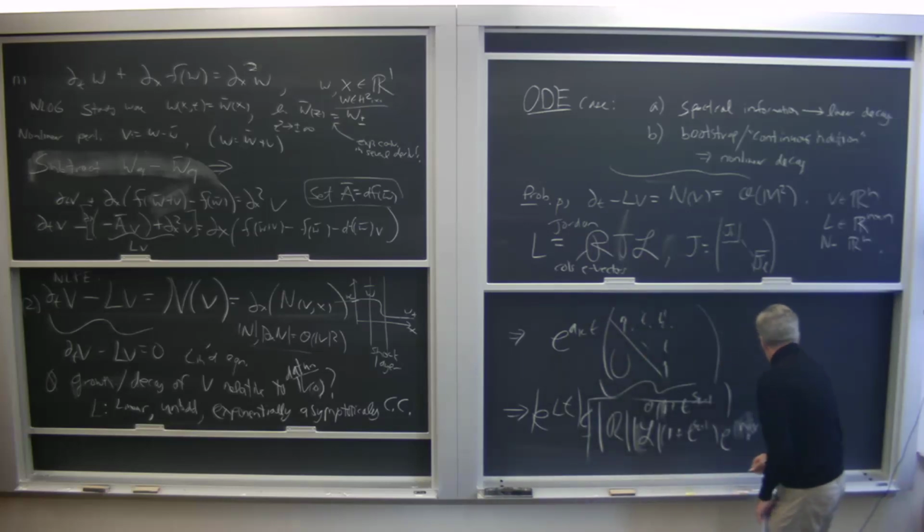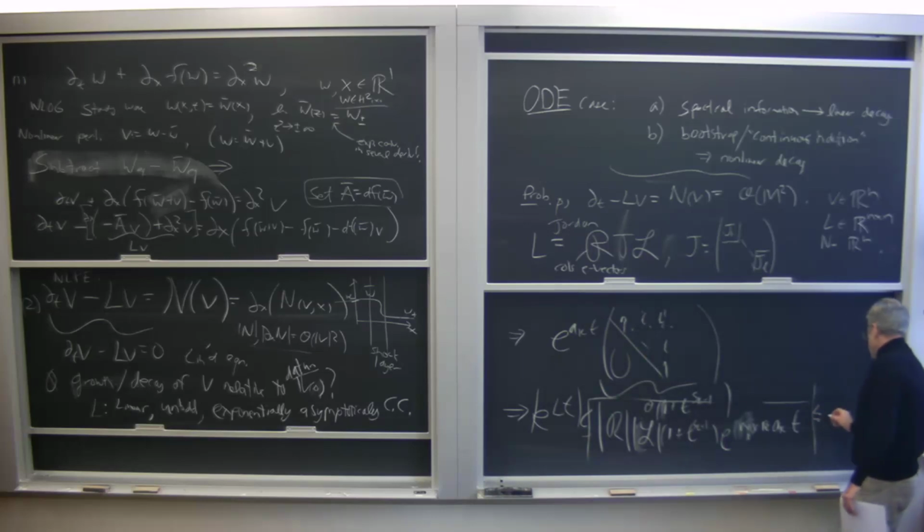So putting it all together, less than or equal to C e to the, let's call this maximum value theta, e to the theta plus epsilon t, C epsilon, any epsilon positive.